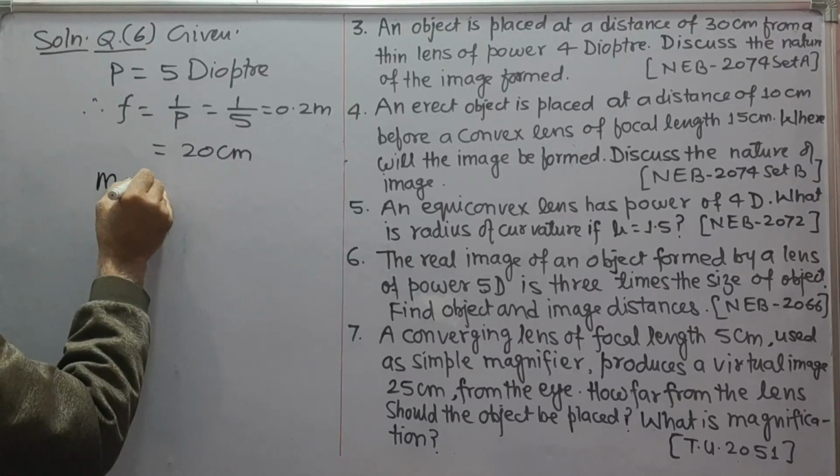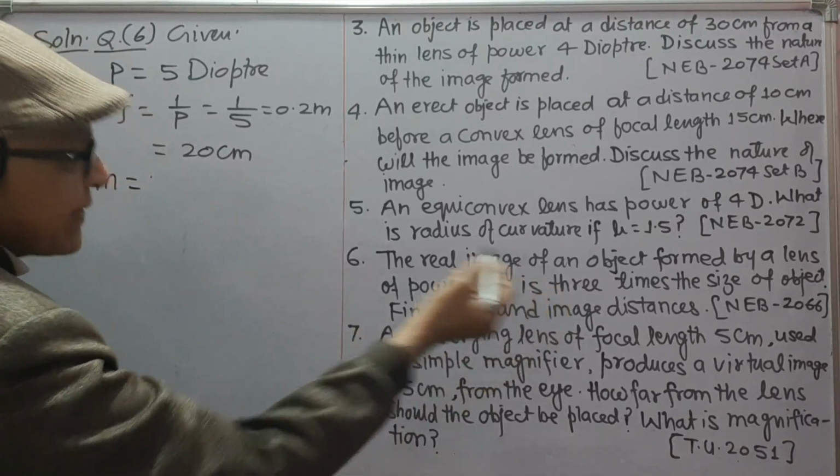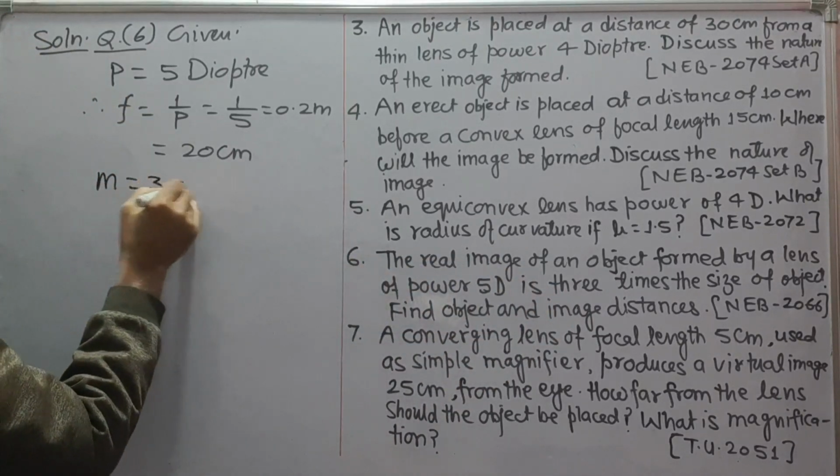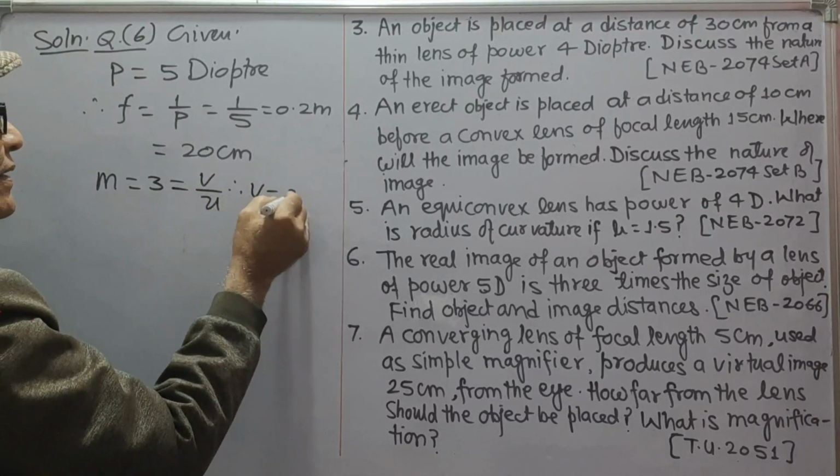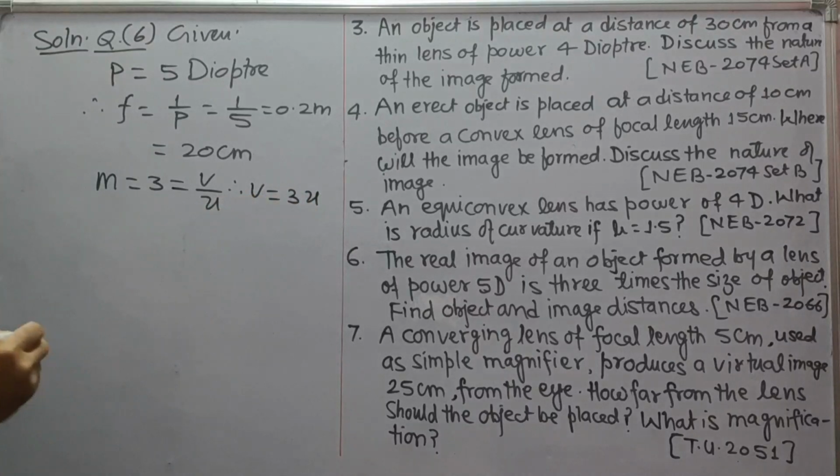Magnification is given to be 3 times means 3, which is v upon u. Therefore, v will be equal to 3u. We have to find u and v.